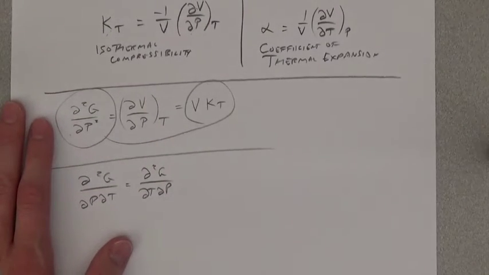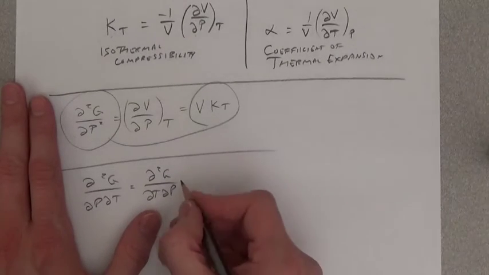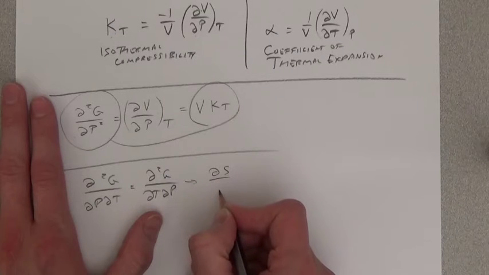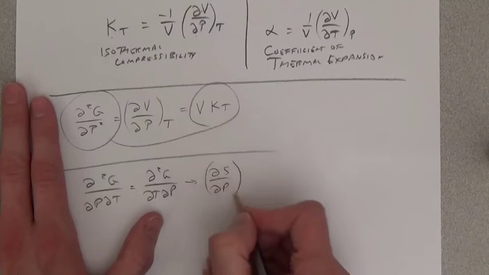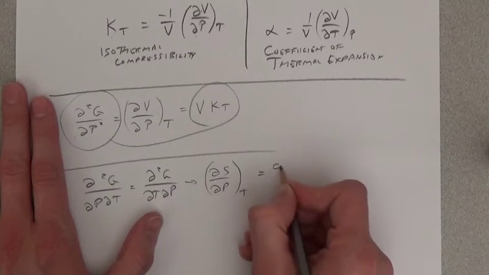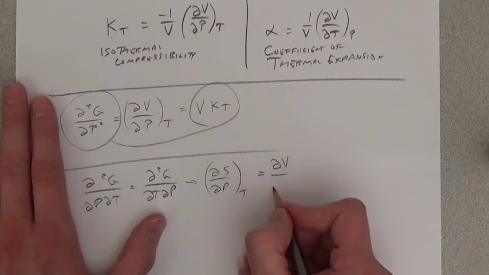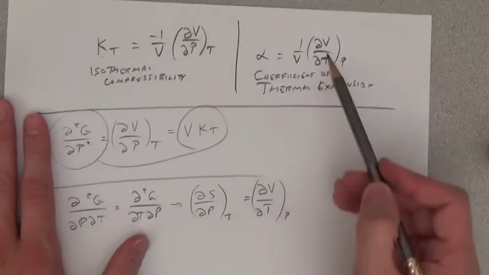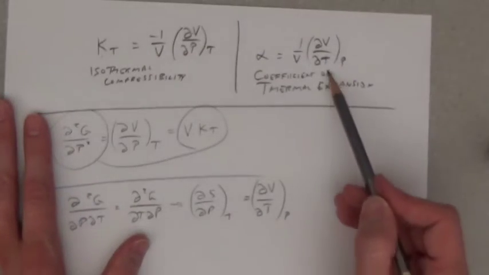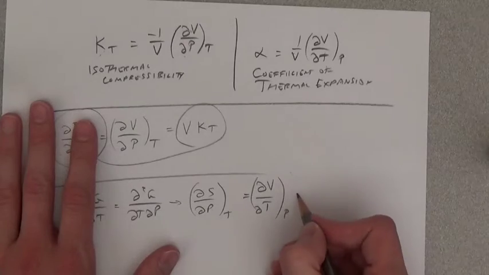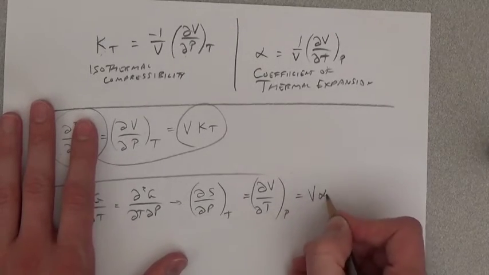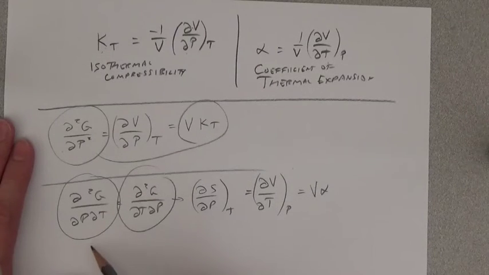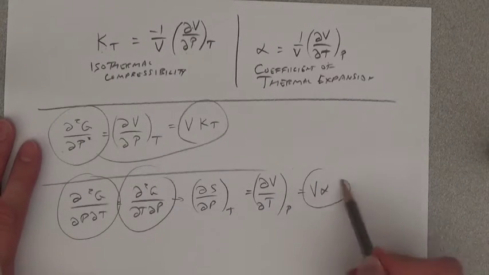Well, then we can just as well write that the derivative of entropy with respect to pressure at constant temperature is equal to the derivative of volume with respect to temperature at constant pressure. Using this relationship, that is equal to V alpha. So either of these are related to this.